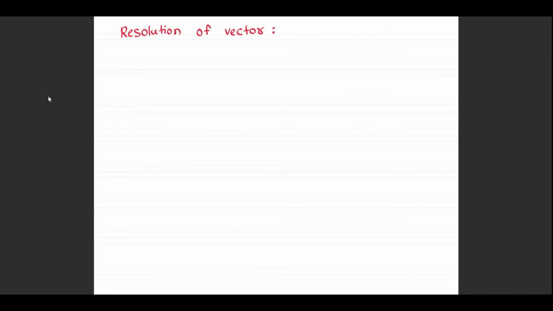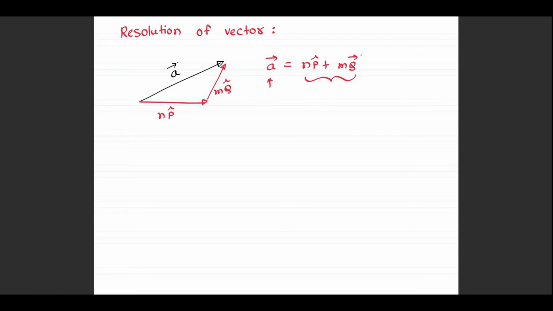The next thing that we are going to discuss is resolution of a vector. Now please pay attention here. Say this is a vector A. Can I say if this vector is A, I can have two vectors like these. A vector then can be said as n times p unit vector plus m times q unit vector. So this vector has been resolved in these two components, right? A has been resolved in the direction of p and q.